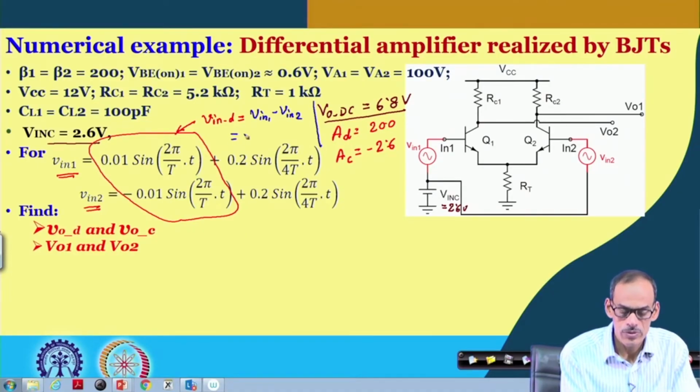So, that is equal to 0.02 sin 2 pi by capital T into small t.